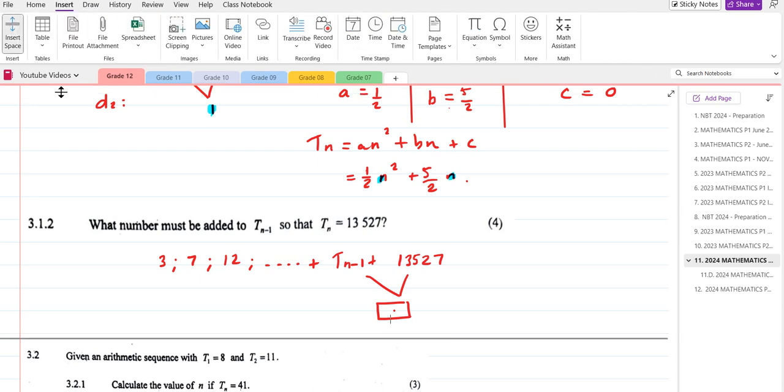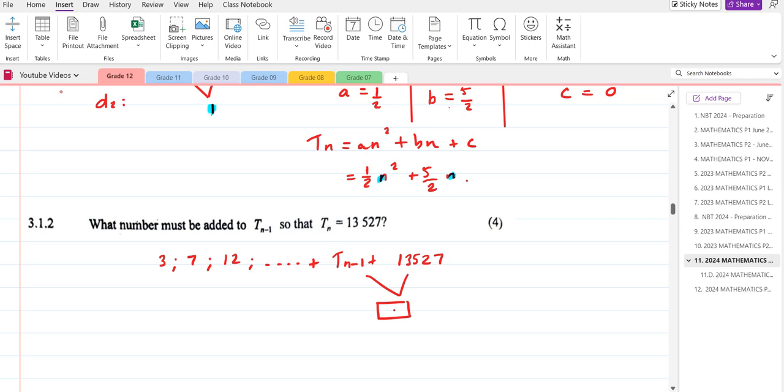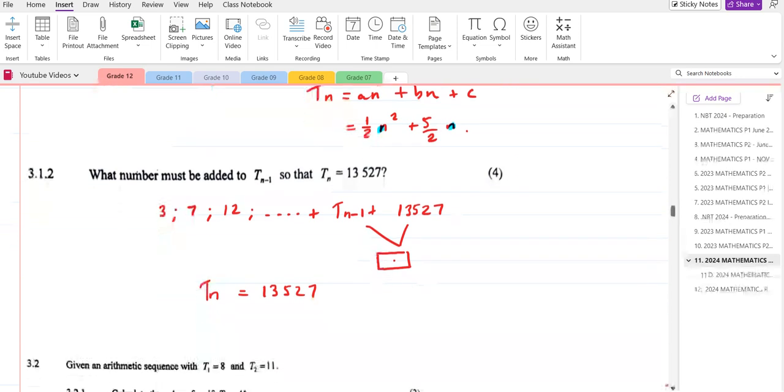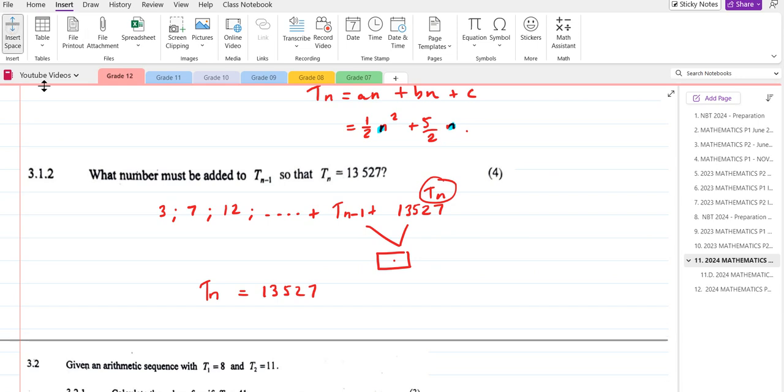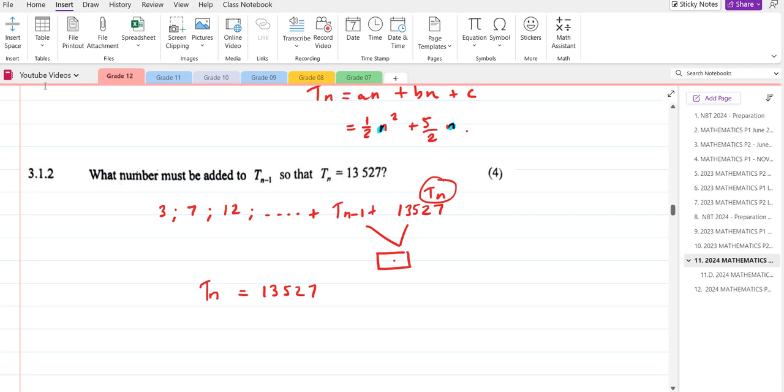So let me calculate Tn. Let me equate Tn to 13,527. See what we get. Tn is equal to 13,527. So obviously if this is Tn minus 1, this is Tn. Tn is half n squared plus 5 over 2n.